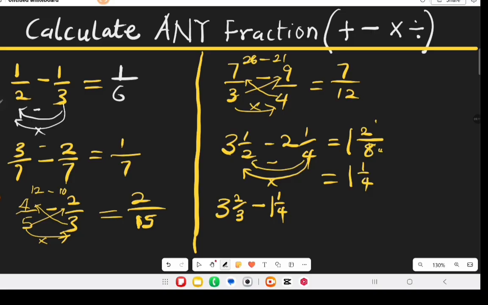If we want to simplify this, we still subtract the whole numbers. 3 minus 1 gives us 2, left with a fraction, which is an unlike fraction. We cross multiply: 4 times 2 gives us 8, and 3 times 1 gives us 3. 8 minus 3 gives us 5, all over the product of the denominators, 3 times 4, which gives us 12. This is the final answer.